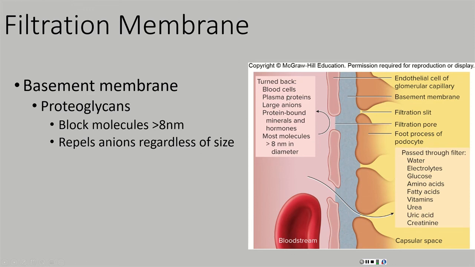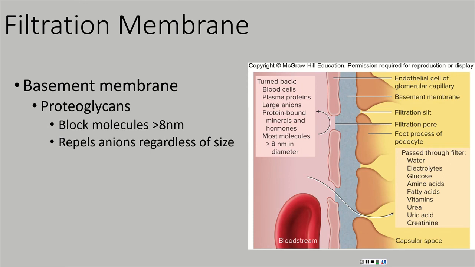So let's see, what cannot get filtered out of the blood here? Blood cells, they're much too large. They are way too big to exit through these pores. Plasma proteins, again, way too big to leave through these pores. Large anions, things that are bound to proteins, which are certain drugs, certain minerals.